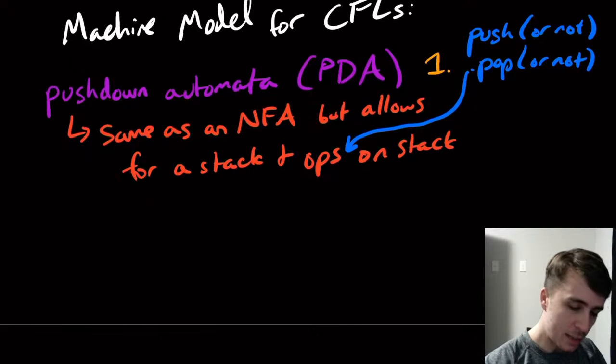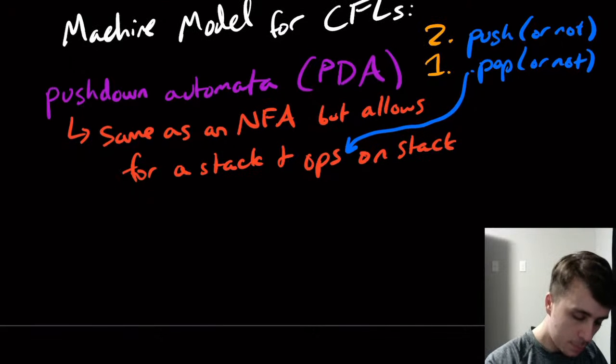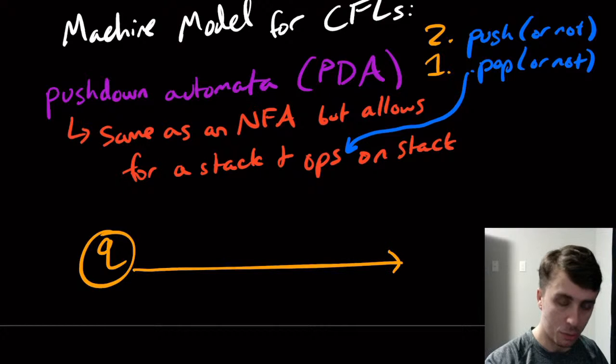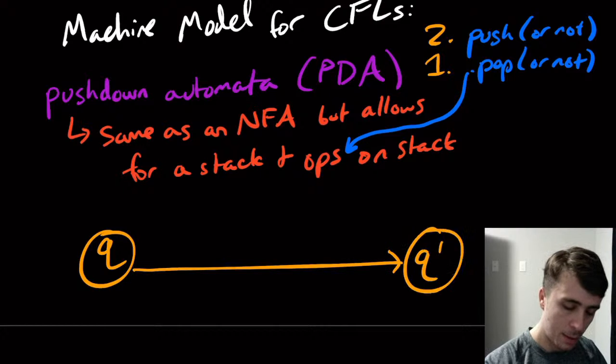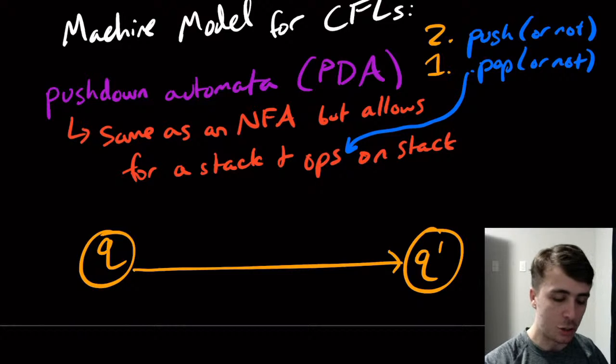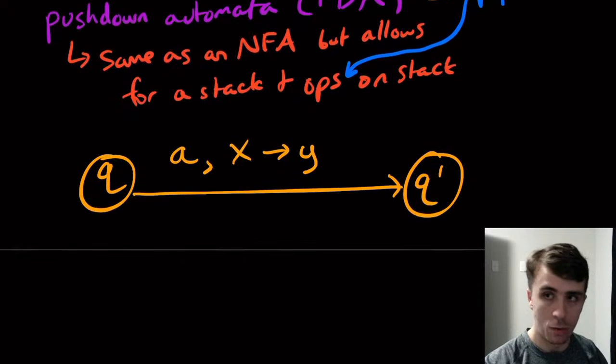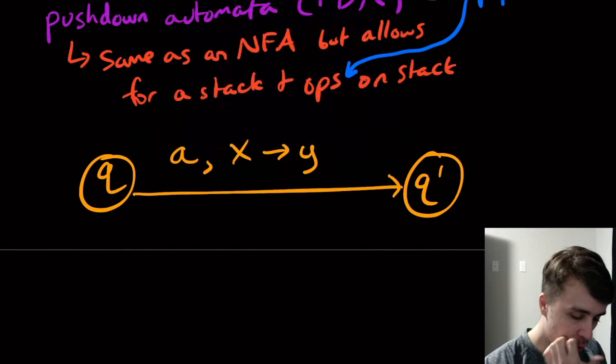So the way that the transitions work is, let's just say we're going from state Q to Q prime. Then every transition is going to look like this: A, comma, X goes to Y. And what does this actually refer to?